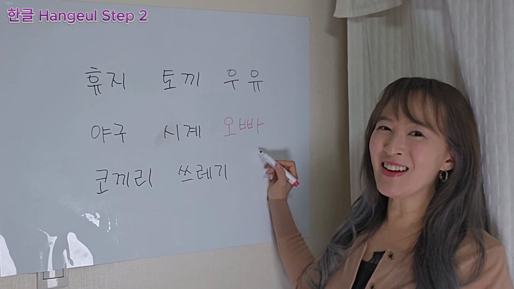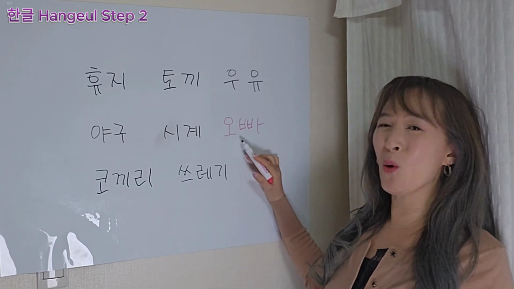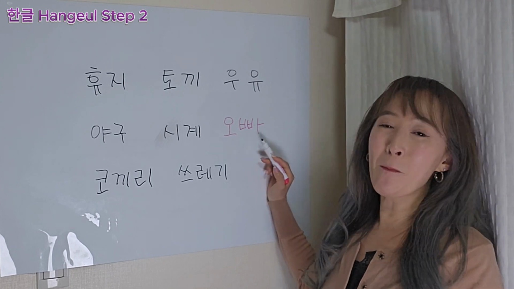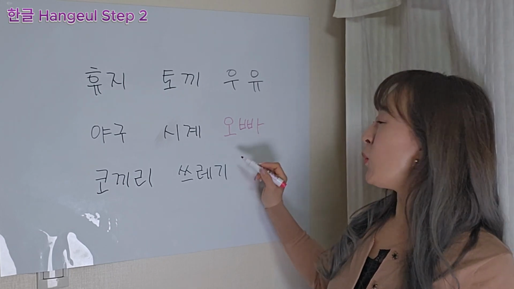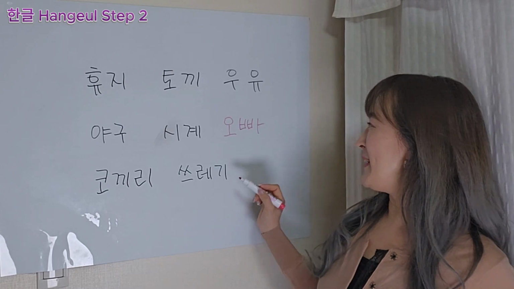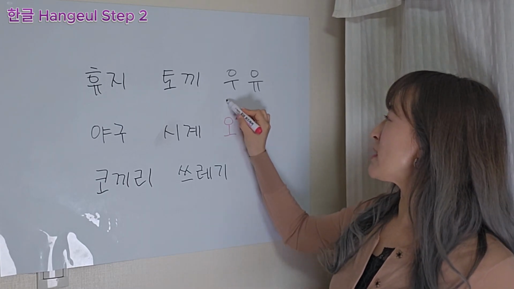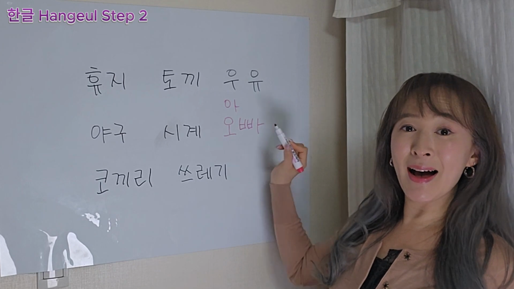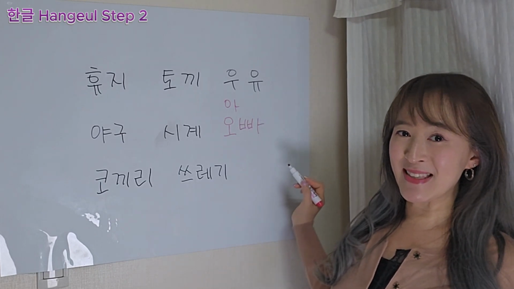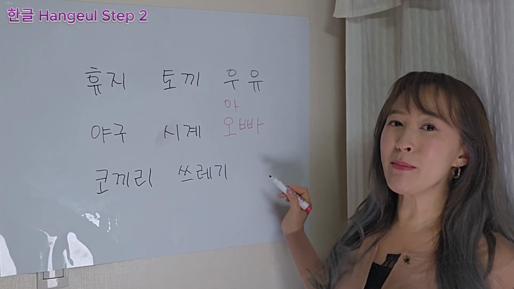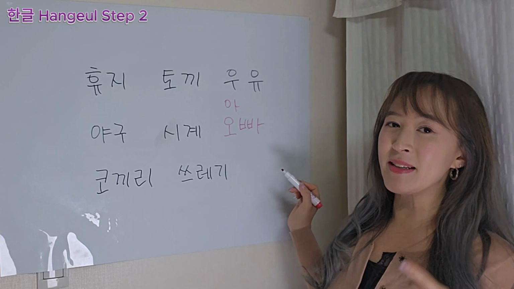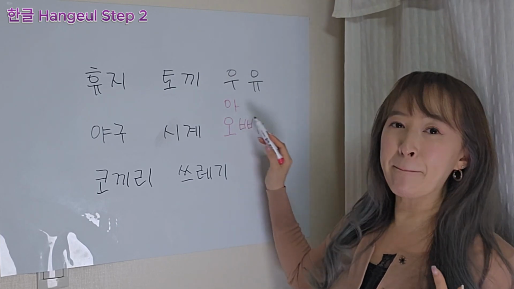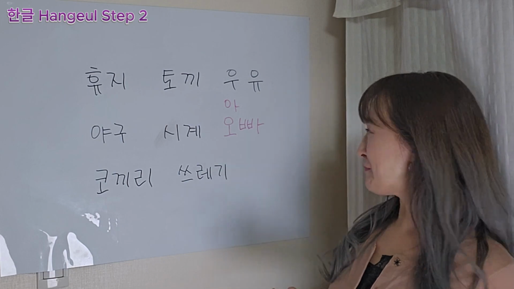Psy's Gangnam Style? It says Oppan Gangnam Style. So oppa just means older brother. Well, let me twist it a little bit and make this O into A. Appa. Appa means dad. Remember last time we had 아버지, which was father, and this time 아빠 is dad.